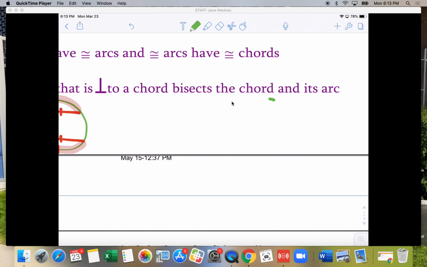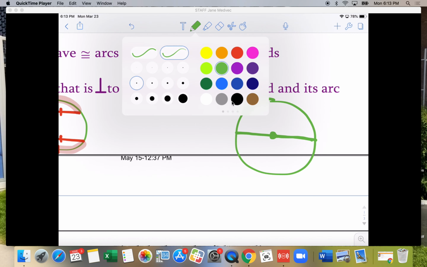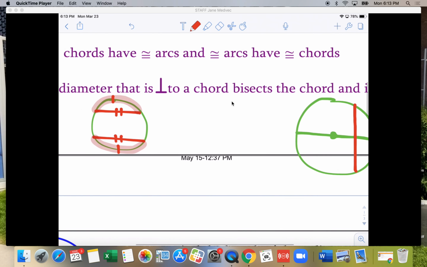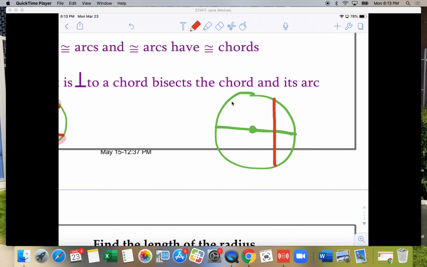If I have a circle and the diameter of the circle, and I know it's the diameter because it goes through the center, so I make sure I put the center in there, and I have a chord like this, and that diameter is perpendicular to the chord, then I know that this part of the chord is congruent to this part, and this arc is congruent to this arc.